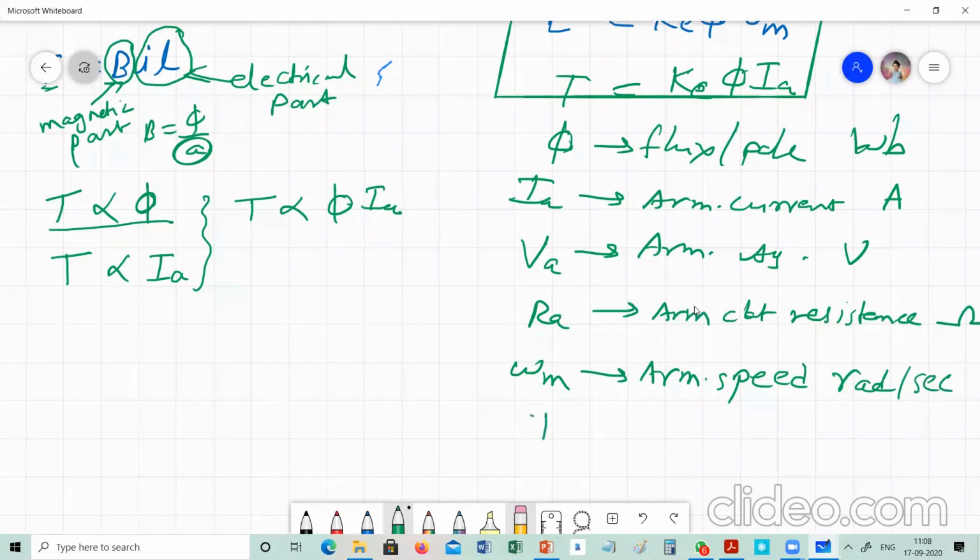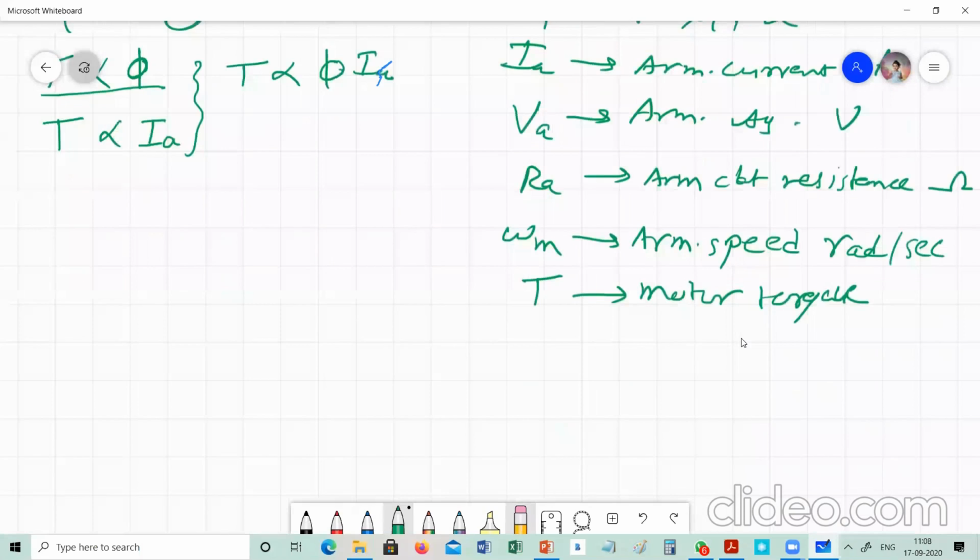And the torque is denoted by T. It is the motor torque or electromagnetic torque, you can say. The unit of torque is Newton meter. And Ke is a motor constant.